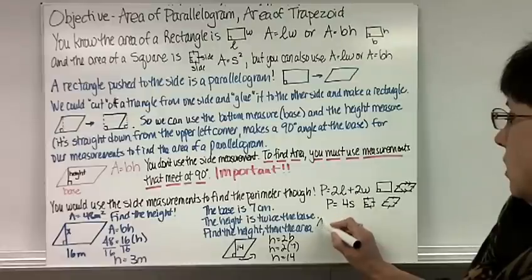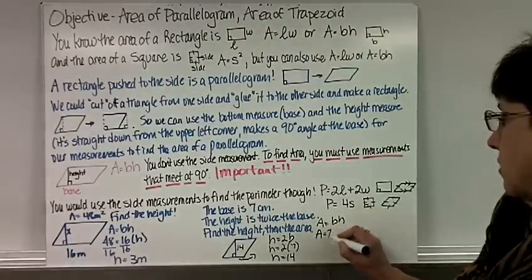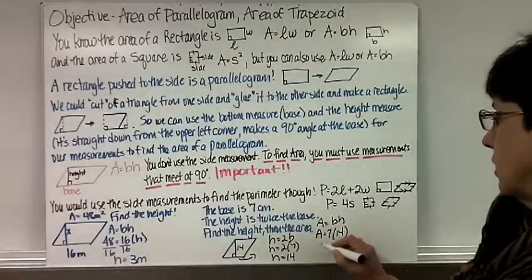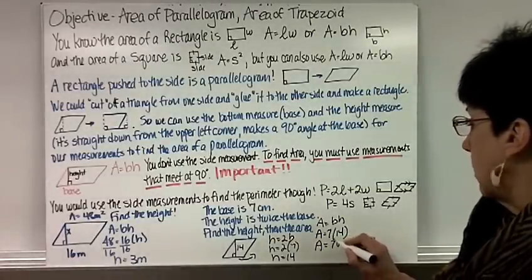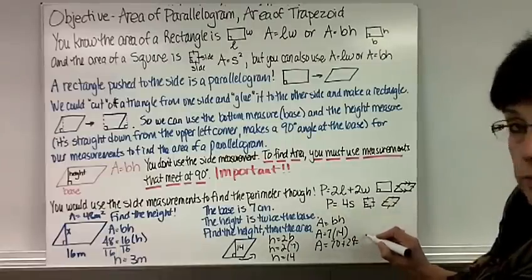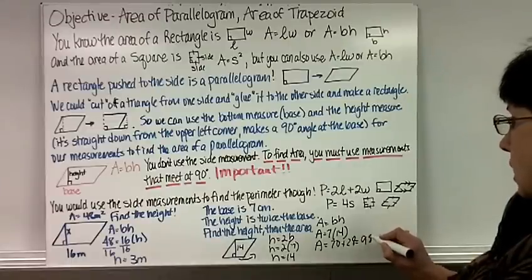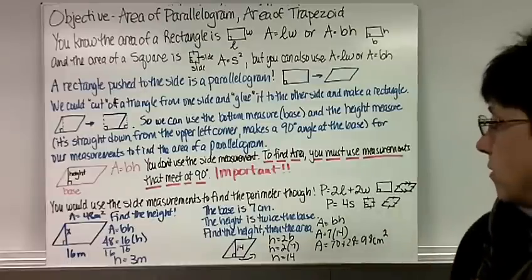And now finding the area is base times height. So now I know that it's 7 times 14. That would be 7 times 10 is 70, 7 times 4 is 28. Add those together: 98 centimeters squared.